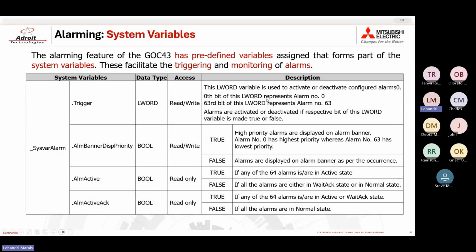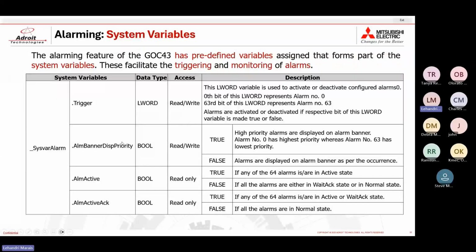So this is also why you are only able to configure 64 alarms for the GOC. And to activate an alarm, you need to turn on the corresponding bit. So to turn on alarm 0, bit 0 of this system variable needs to be turned on.